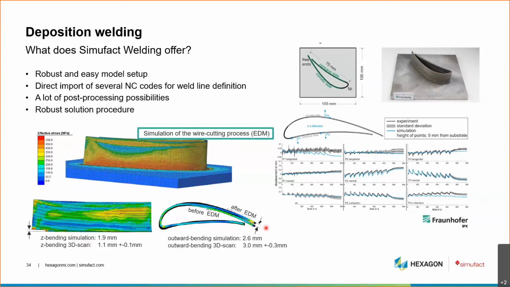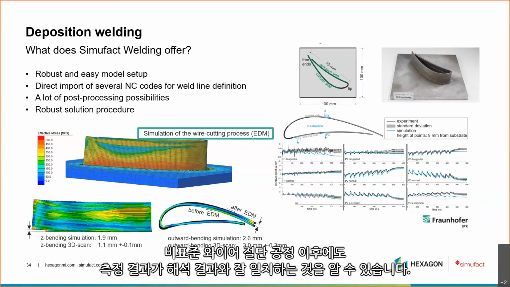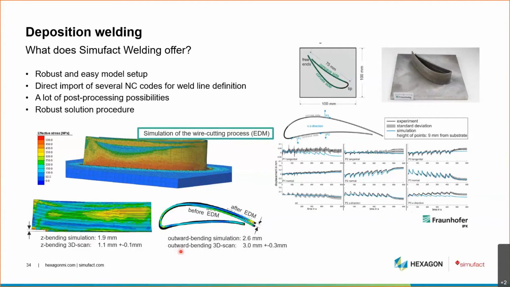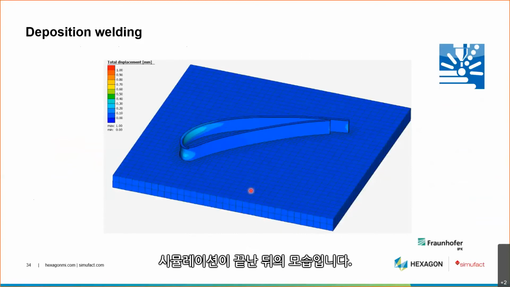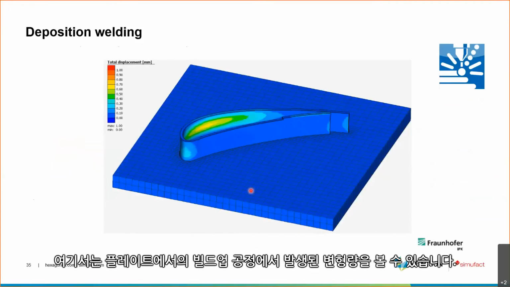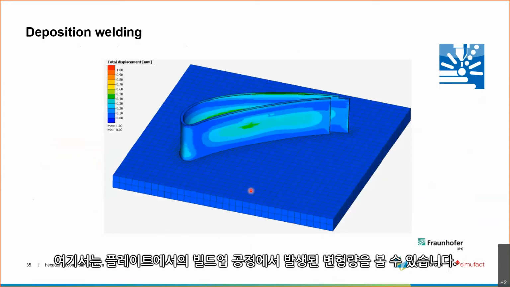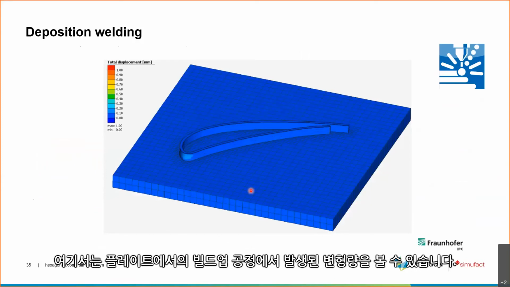And we see that the results correspond very well with measurements, even after this non-standard wire cutting procedure. So this is how the simulation looks afterwards. What we see here is a displacement that is built up during the build-up process of the blade.